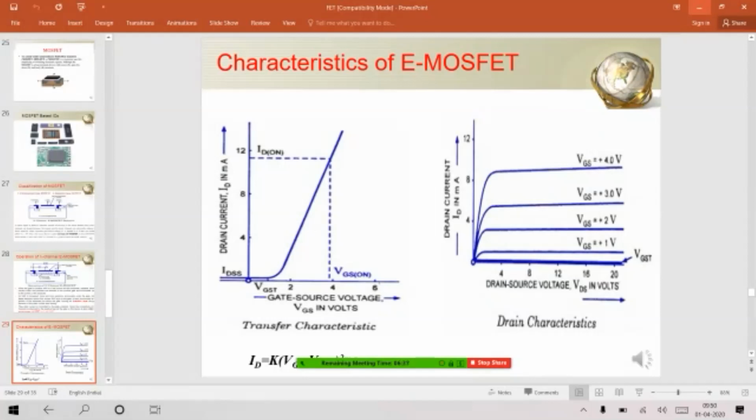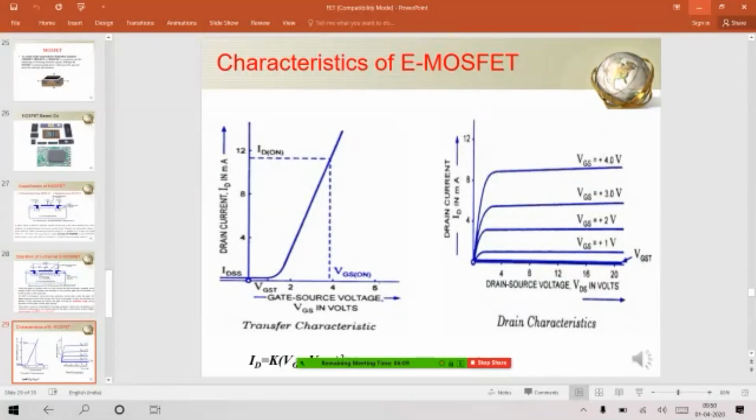you see, drain characteristics or output characteristics are nothing but a graph between output voltage VDS versus ID. So at different values of VGS, gate source voltages, I am varying VDS on the x-axis. I am noting current values and plotting the graph.